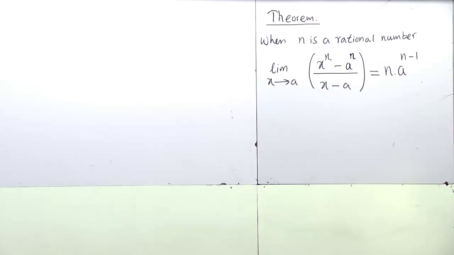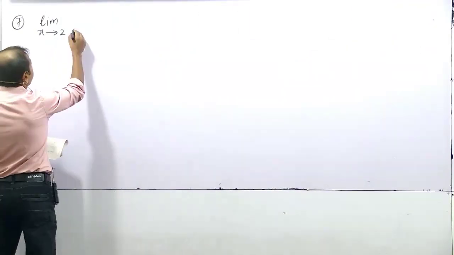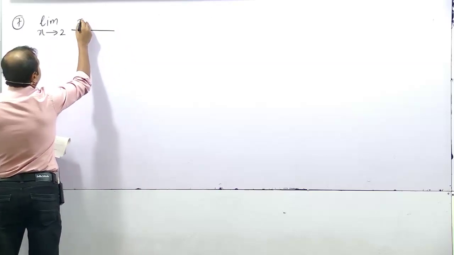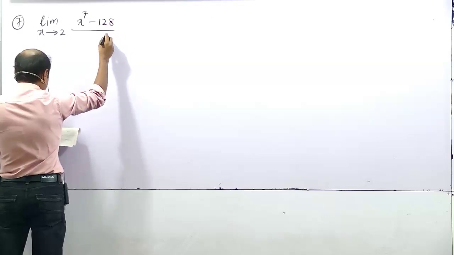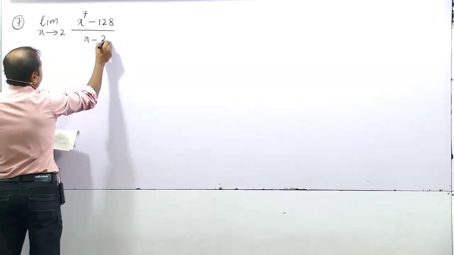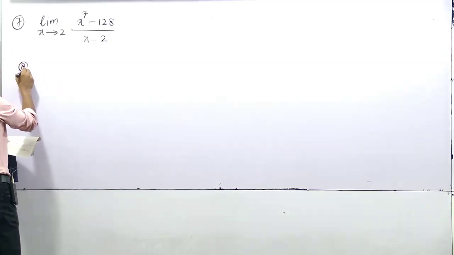Question number 7. Limit x approaches 2 of x to the power 7 minus 128 divided by x minus 2. Number 8.